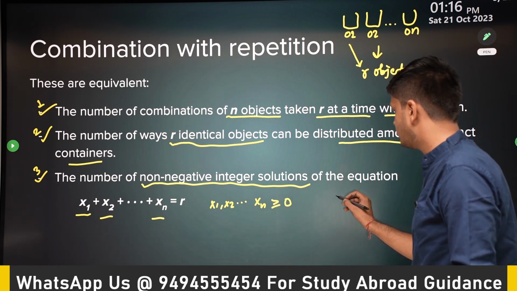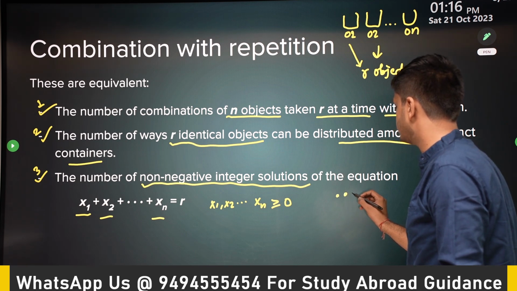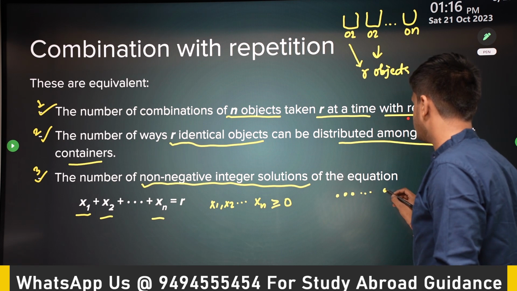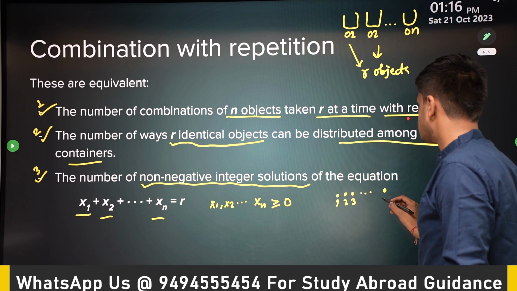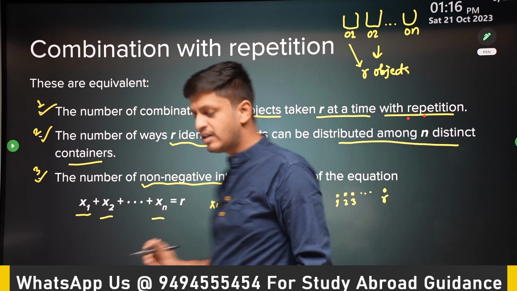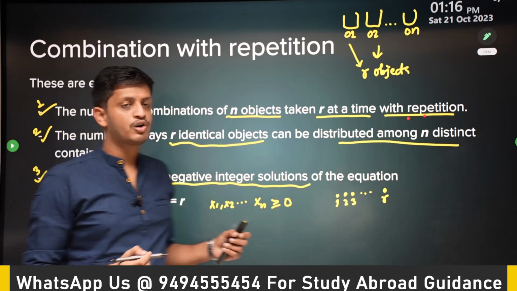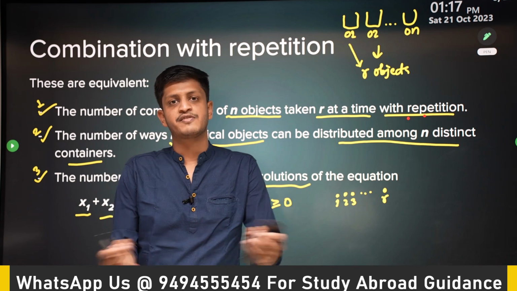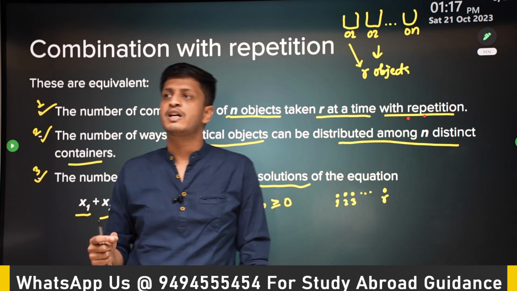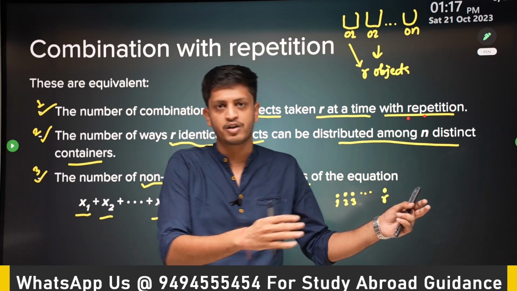Let's say you have r identical pens: 1, 2, 3, up to the rth pen. You have r identical pens and you want to distribute them among, let's say, 5 students. So the first student can get 6 pens, the second student can get 5 pens, and so on, right?